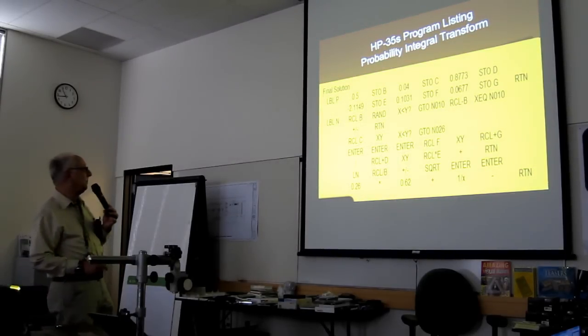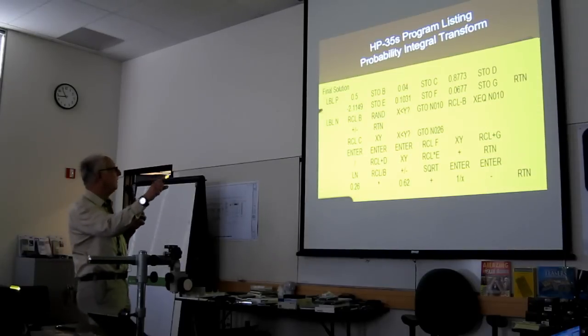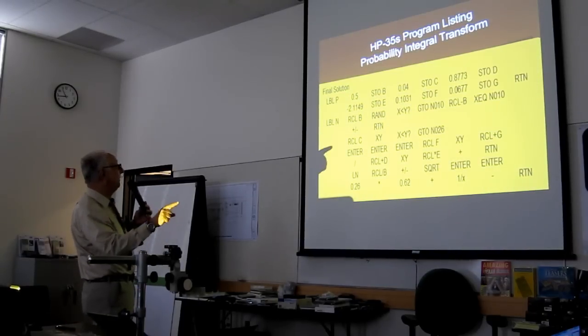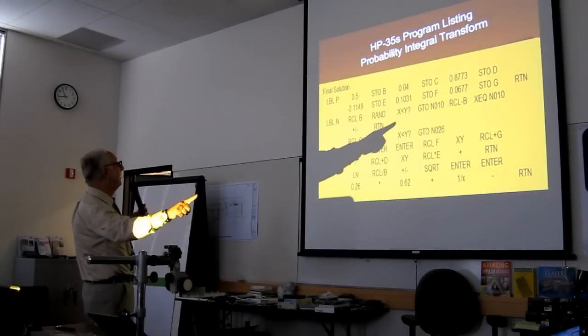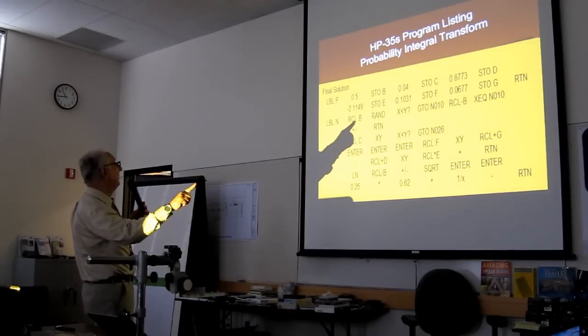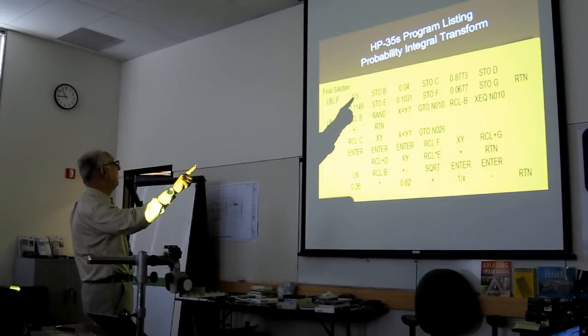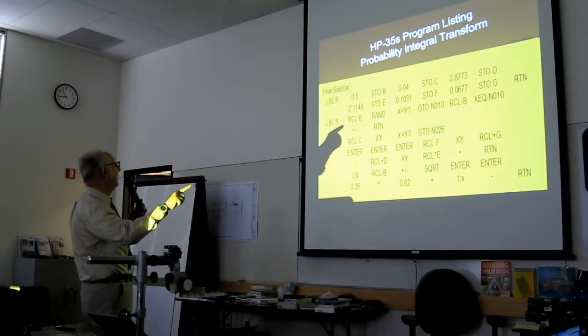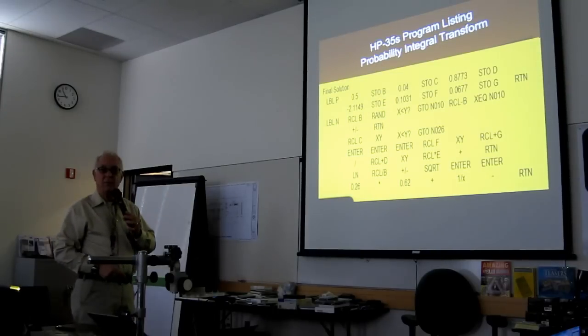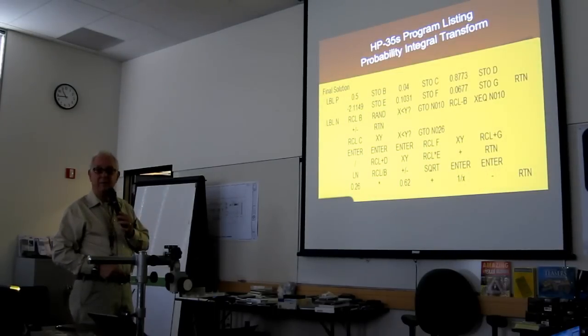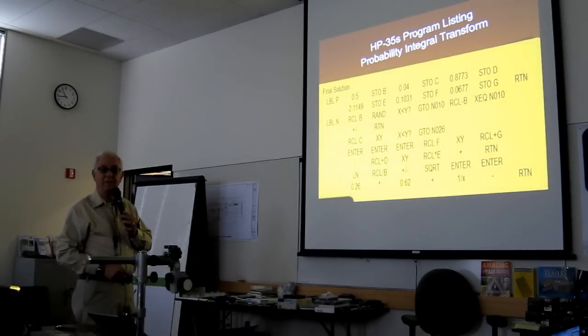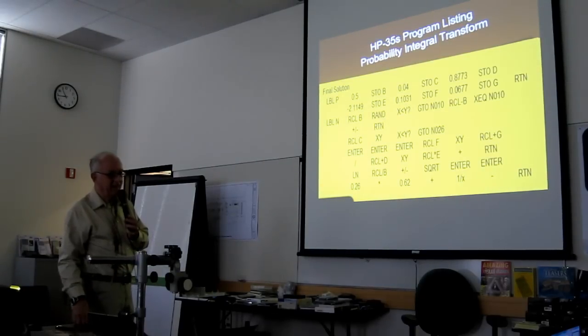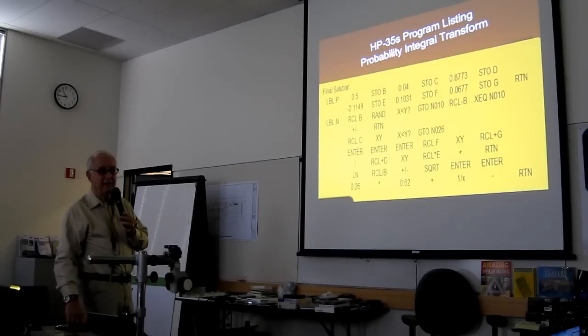The way the sign flip works is that the first thing you do, you notice the recall B. Well, if you notice 0.5 goes into B, and almost every program I write uses the number 0.5 in it, and you want to have that pre-stored. I think that for some commonly used constants, maybe they could do a survey of user code.